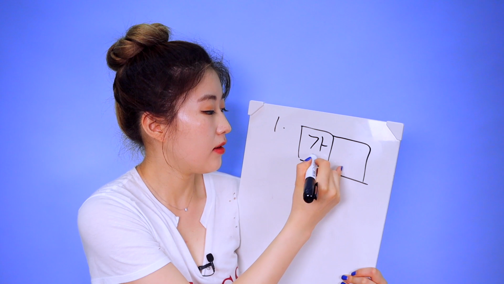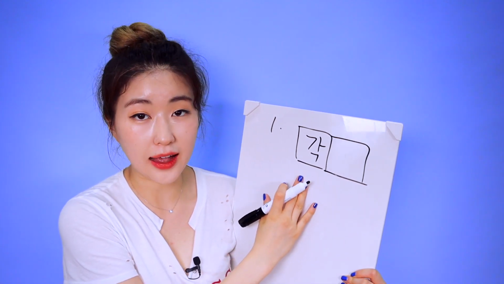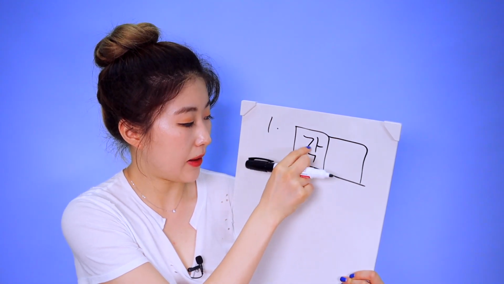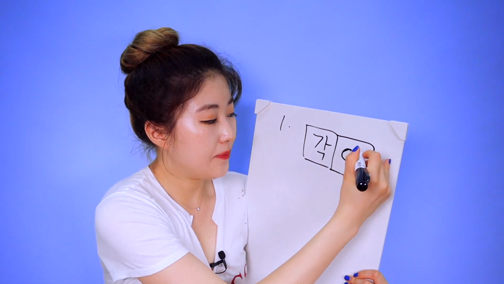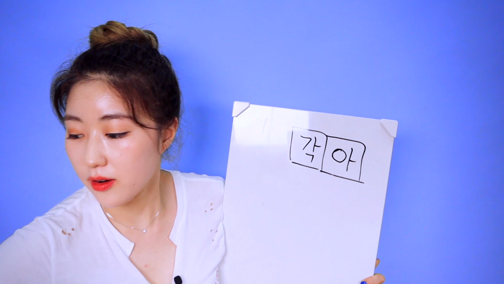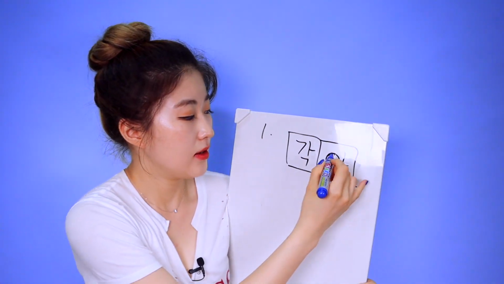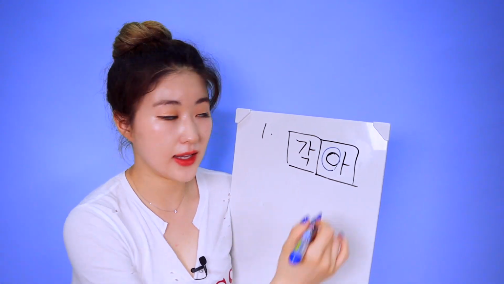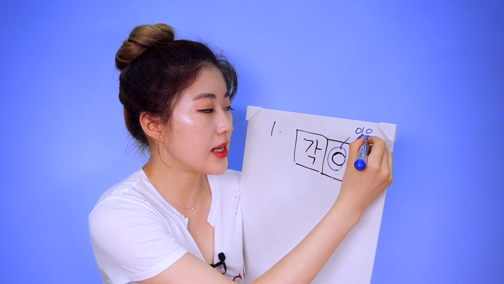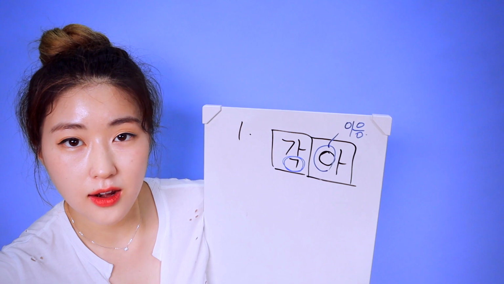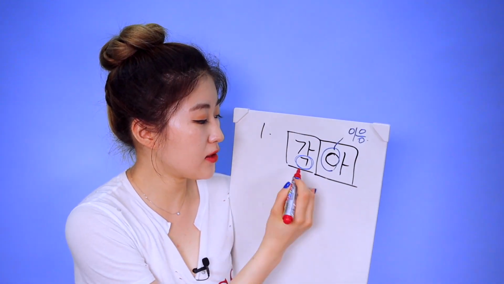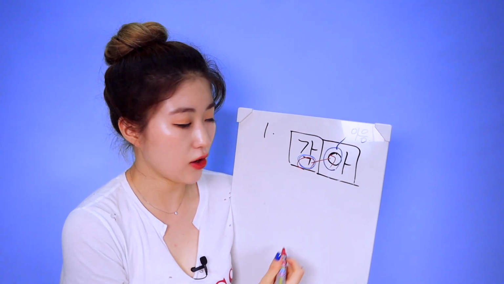Let's say there's this syllable 각. This is the 받침. When there is this no sound value consonant, which is 이응, next to the 받침, then you always transfer this to here.